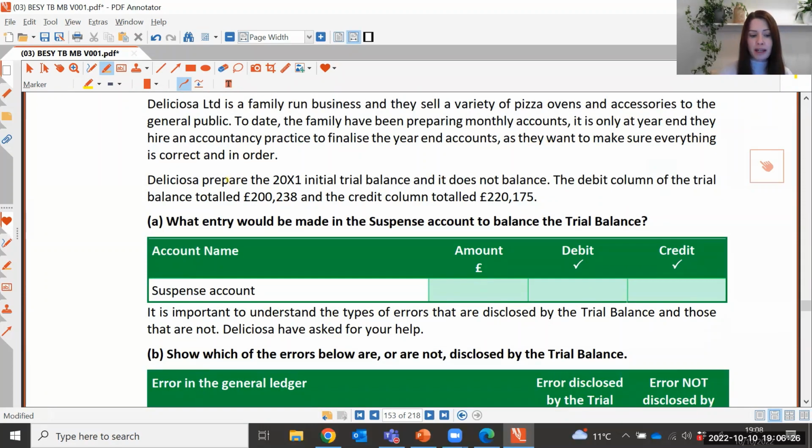Deliciosa prepared the 2021 initial trial balance, and it doesn't balance.